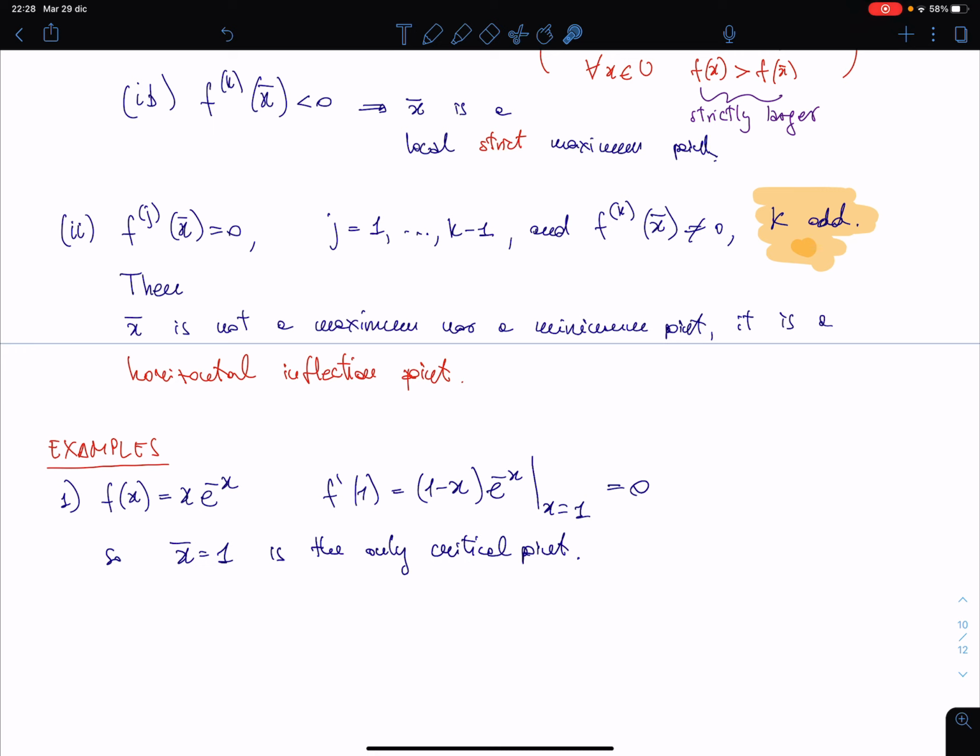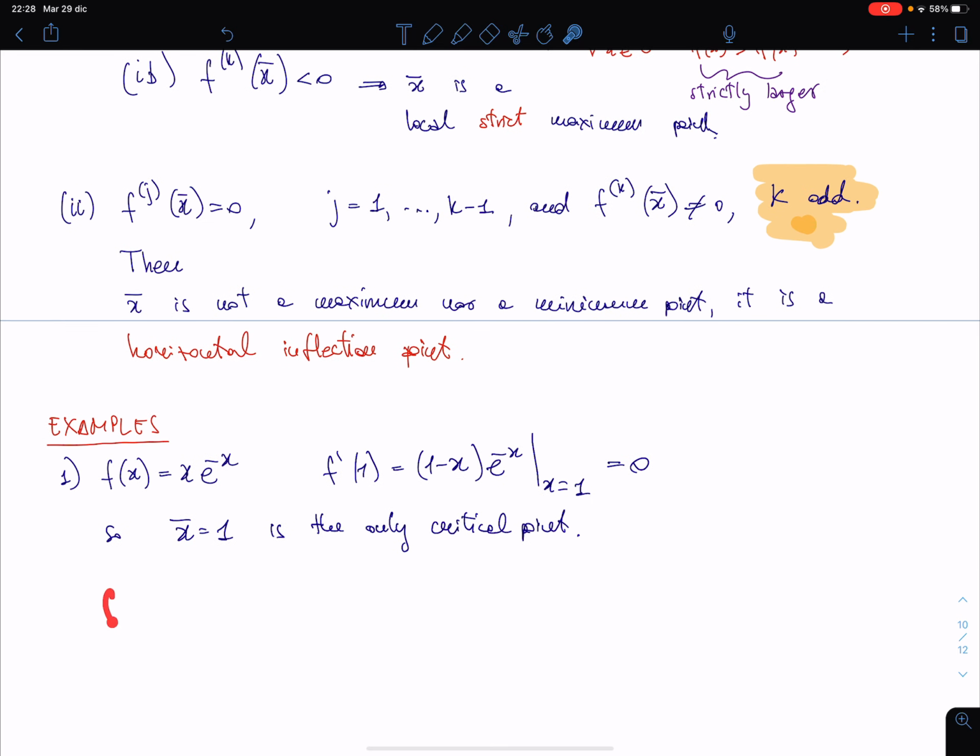So, let us go to the second derivative. f second of x is minus e to the minus x, and then minus (1 minus x) e to the minus x.